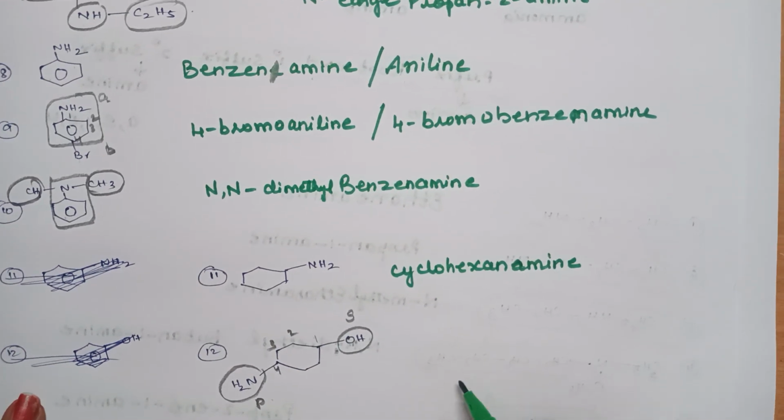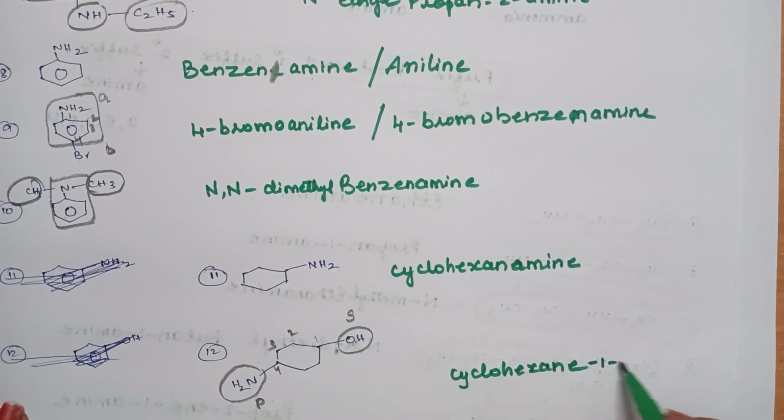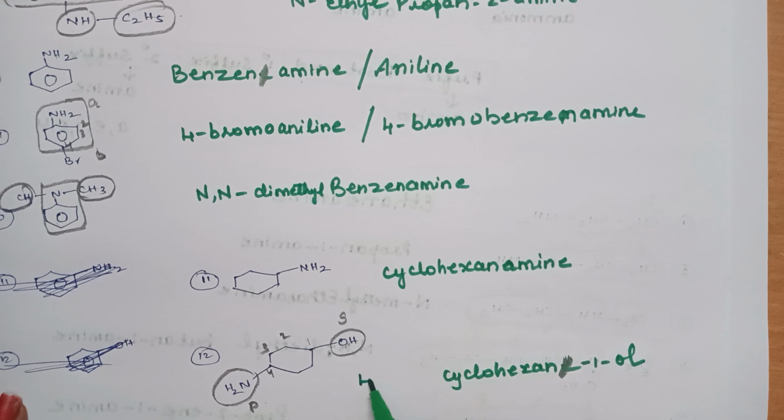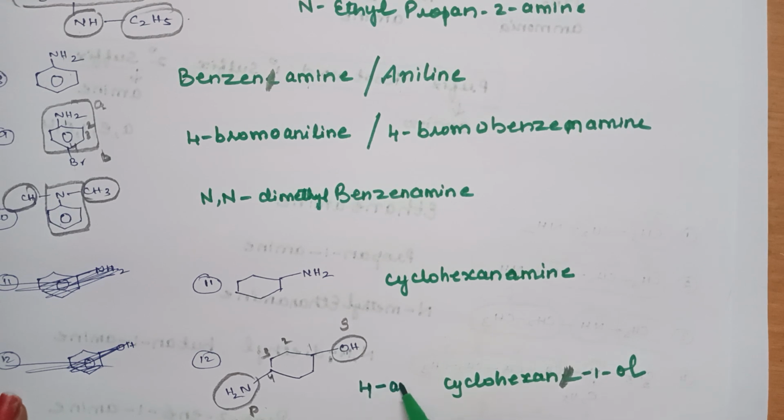So this will be cyclohexane, and then here this is the alcohol group at position 1, 1-ol. It starts with O, so erase this E. And here at position 4 you can see the amine group is present. If it is coming in the prefix, you will write it as amino. So 4-amino cyclohexane 1-ol.